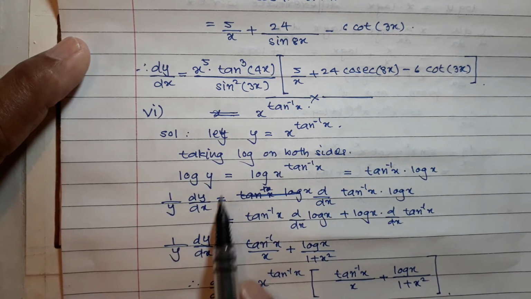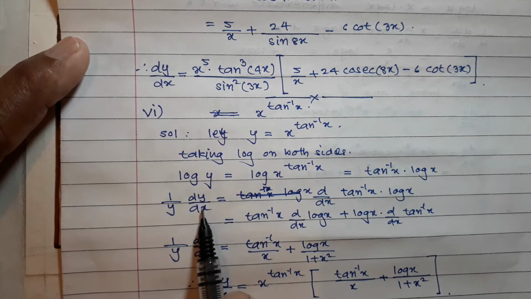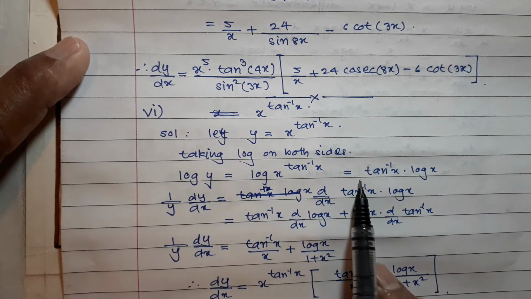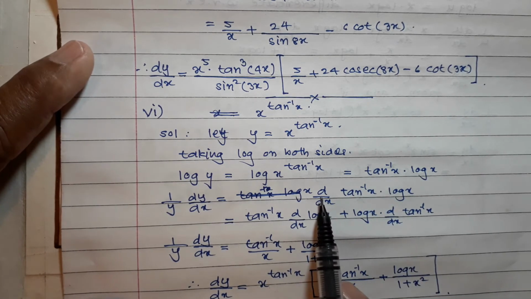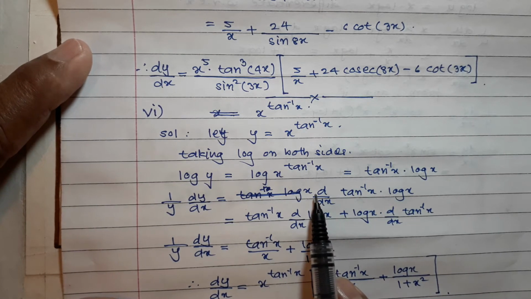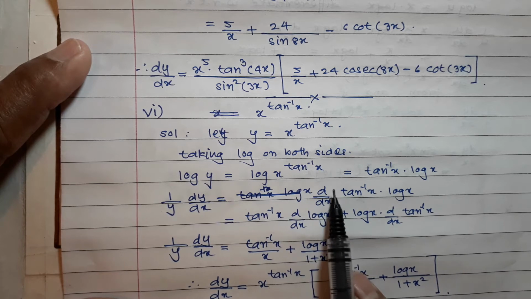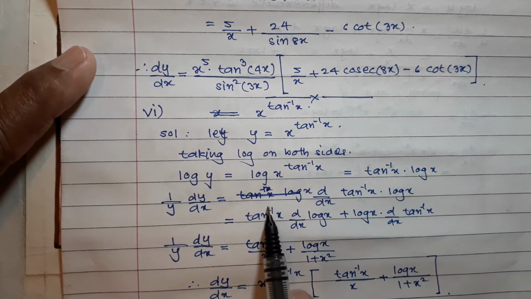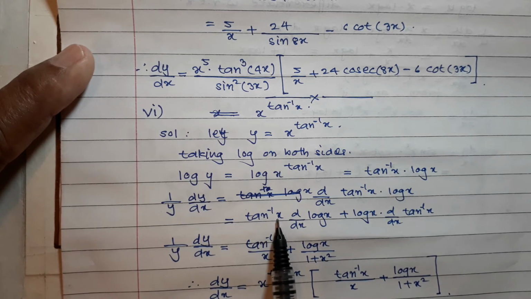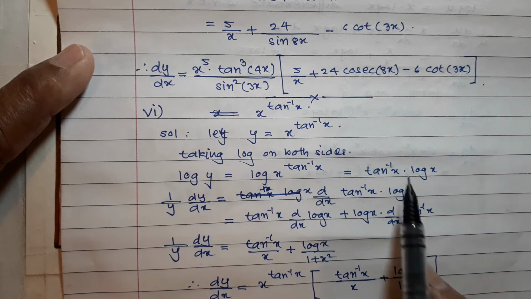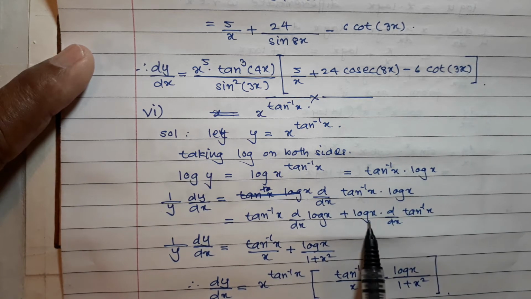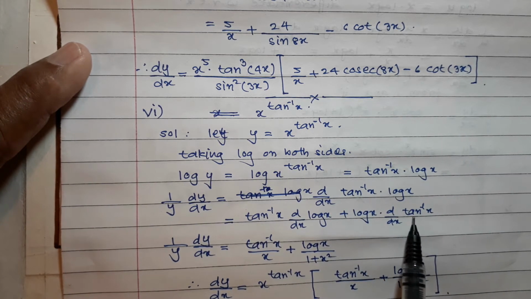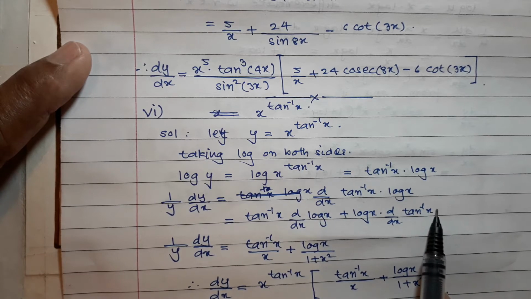So 1 upon y dy/dx is equal to the derivative of this, so d/dx of tan inverse x into log x. So that is tan inverse x d/dx log x plus log x into the derivative of tan inverse x.